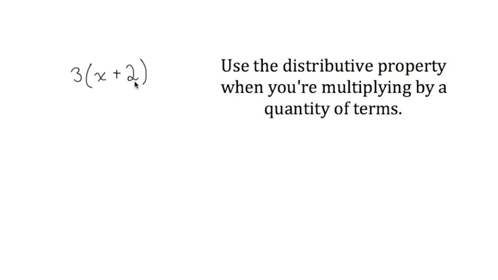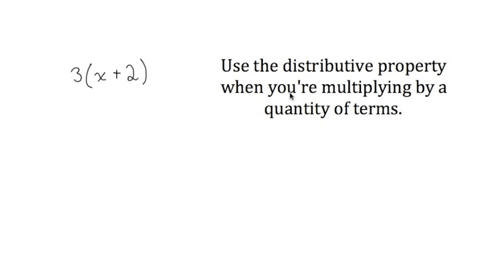The distributive property is applied to very specific situations, and you can use the distributive property when you're multiplying by a quantity of terms. That is when you can use the distributive property. So let's take a look. Let's see if we're multiplying by a quantity of terms here, and then we would be able to use this new distributive property. Is there any multiplication going on here?